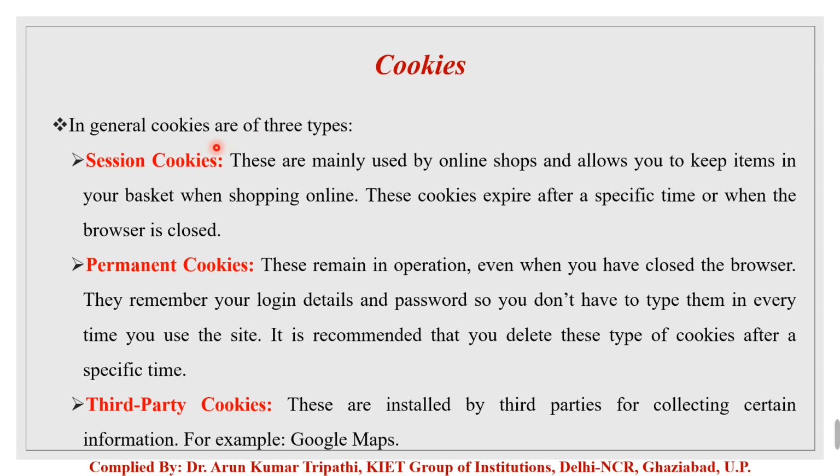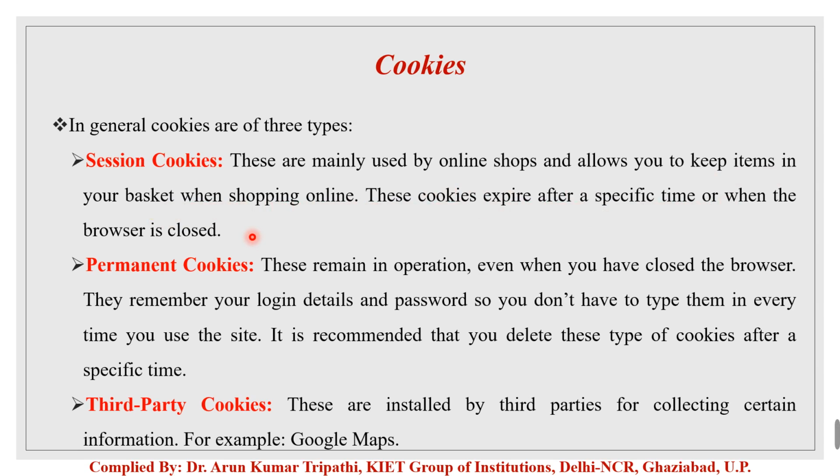Now cookies are of three types: session cookie, permanent cookie, and third party cookie. Session cookies are established only during the session. For example, when you are doing online shopping, it allows you to keep items in your basket. This cookie expires after a specific time or when the browser is closed.